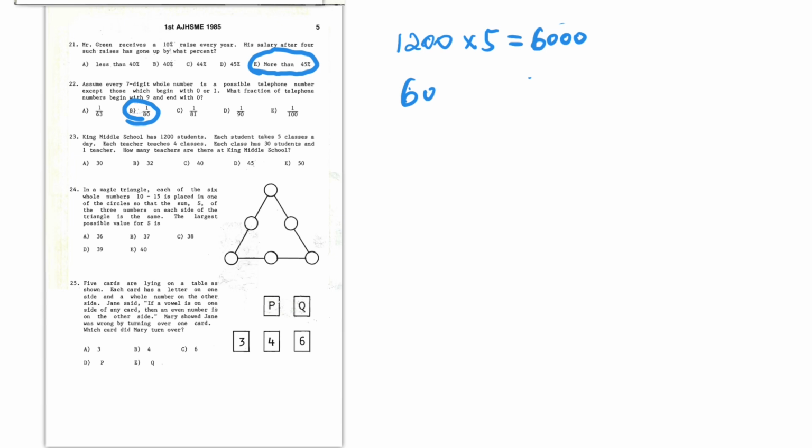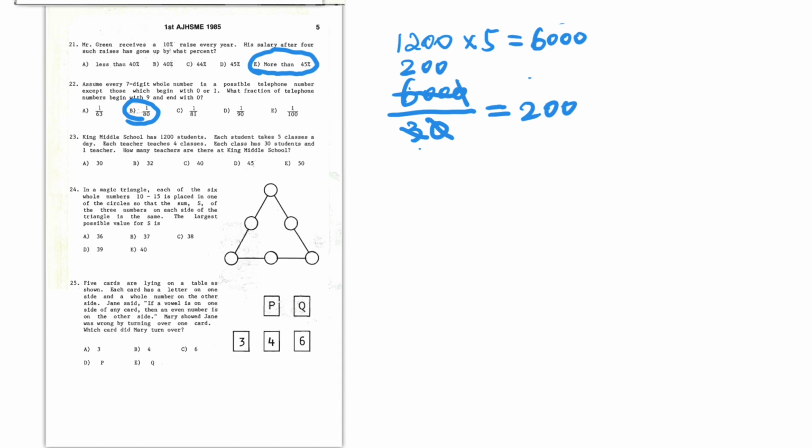So we use 6,000 divided by 30. Cancel a 0, cancel 3. 3 times 1 is 3, 3 times 2 is 6. So the total is just 200 classes.